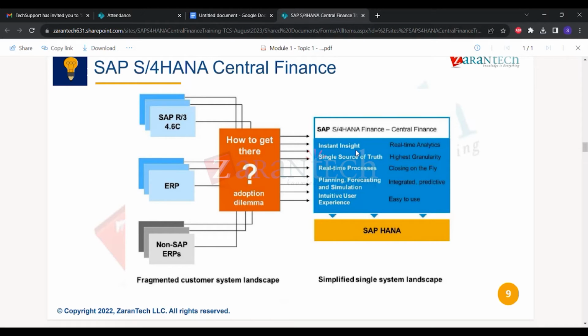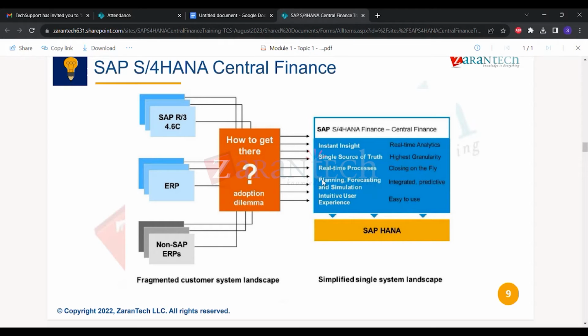That we'll be covering in future lectures, how to handle that. You will have all the data in one single source of truth, which is ACDOCA. It will be on a real-time basis, unlike the other data warehouse systems which we use for consolidating.